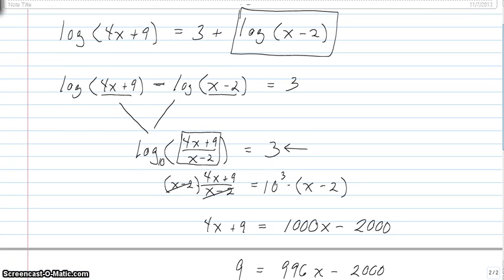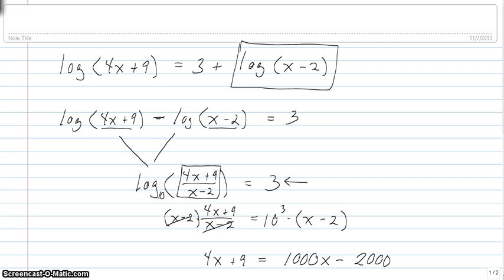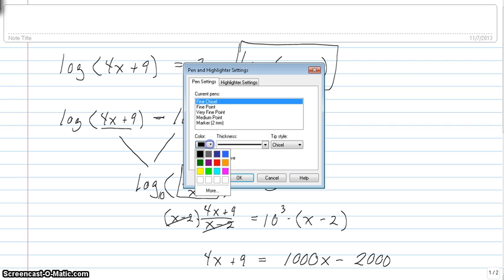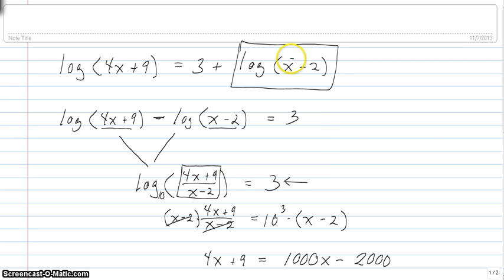So if I go back to the original equation, that number should be okay, because if I put 2.02 in for x here, that would give me 0.02 inside of my logarithm, which is okay.